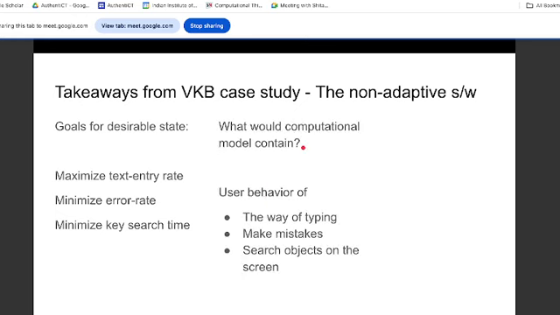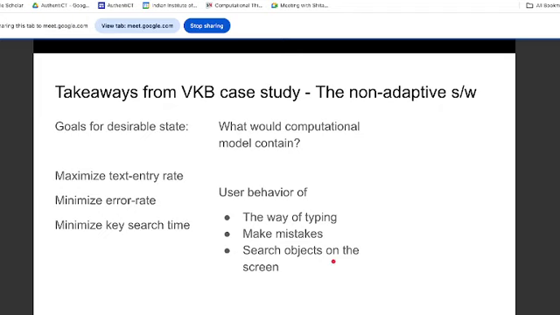What would a computational model contain in order to achieve these goals? The computational model contains user behavior, the way in which the user types, the way in which the user makes mistakes, how often they make mistakes, within a 1 hour period how many mistakes the user has made while typing. That will give you the error rate.